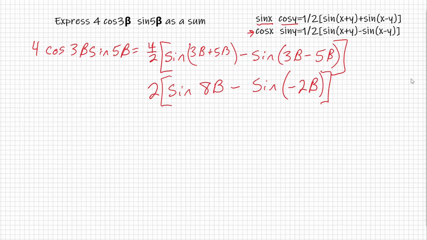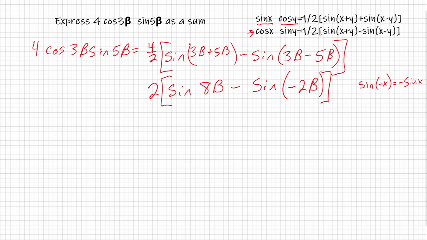And just like cosine being an even function means that cosine of negative 2 beta would be the same as cosine of positive 2 beta, with the sine, we know that sine of negative x is negative sine x. And again, that's because this is an odd function, meaning the negative input changes the sign of the output.